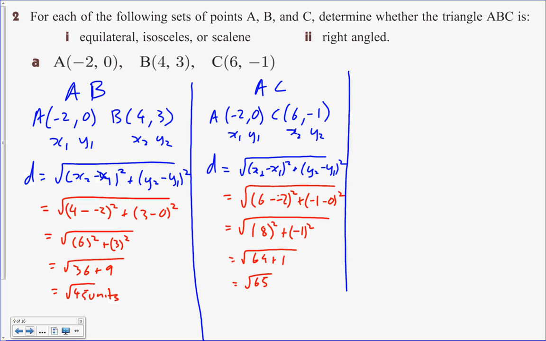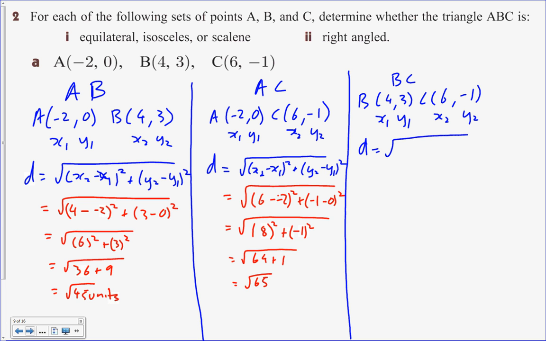The last one we need to work out, so we're going to need to work out BC. So here, BC, so B is 4, 3, C is 6, negative 1. Again, x1, y1, x2, y2. So we're doing all these separately. So D equals square root x2 take x1 squared plus y2 take y1 squared.